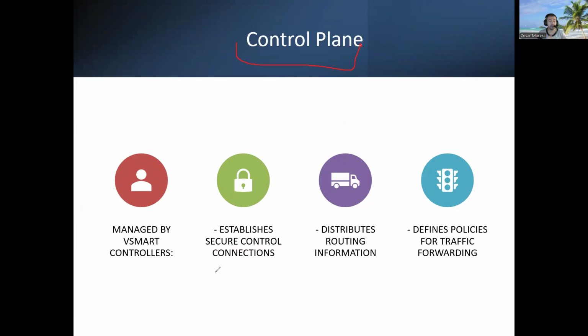So when we are working along with the vSmart controllers, we establish secure control connections, distribute routing information, and it finally defines policies for traffic forwarding. Let's continue moving on. Those are some of the benefits of the vSmart controllers. Let's clear the board and let's continue moving forward.